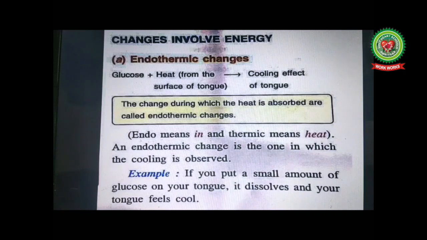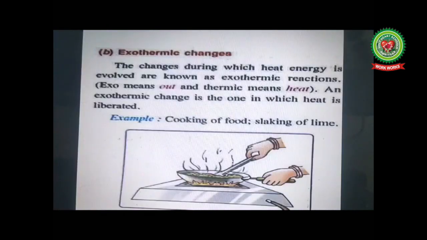Students, I have shown this with the help of an activity earlier where I have taken a glass tumbler in which I have mixed water and Glucon-D, and walls of the glass become cooler on mixing water and Glucon-D, showing that heat was absorbed. That is endothermic change. Exothermic changes.